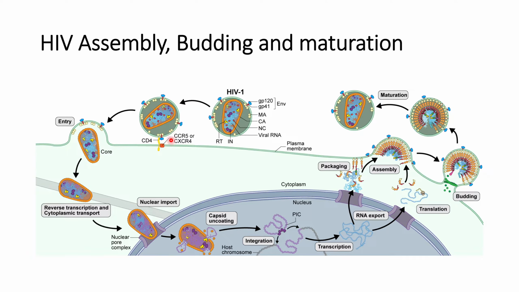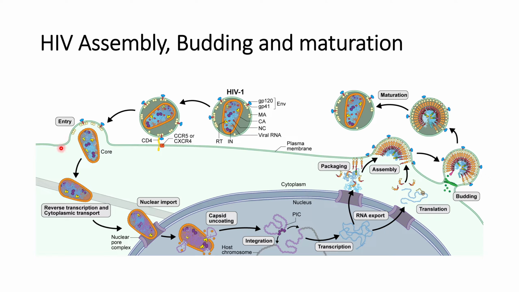Let us consider the parts of the HIV so that we can understand this process in a better manner. This is the envelope of the HIV, and these are the spike proteins. The spike proteins help in making contact with the cell membrane that has CD4 and CCR5 or CXCR4.